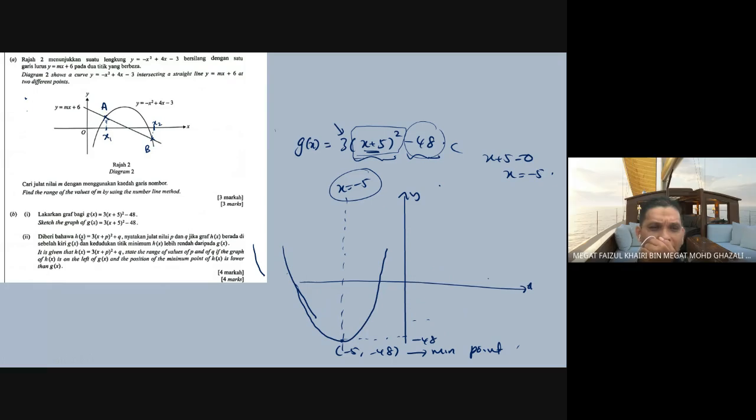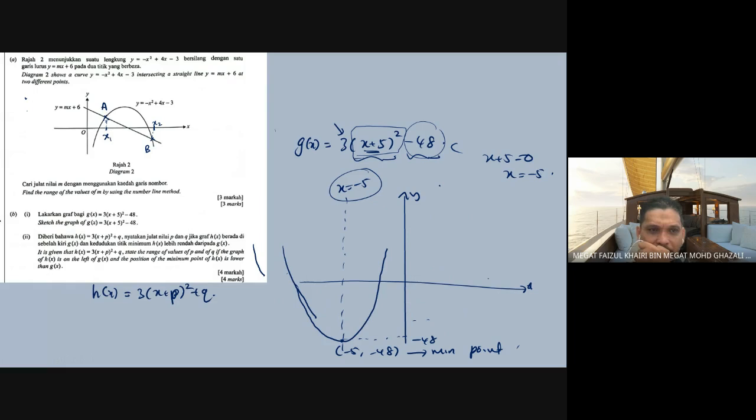Okay, given that h(x) equals (x plus p) squared plus q, state the range of values of p and q if the graph of h(x) is on the left of g(x) and the position of the point is lower than g(x).